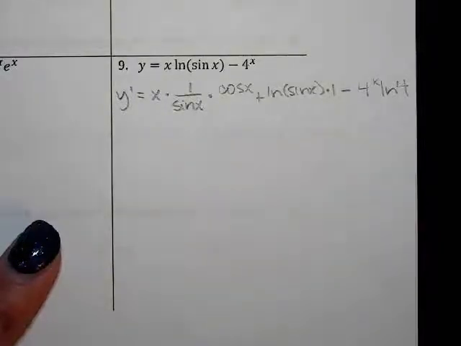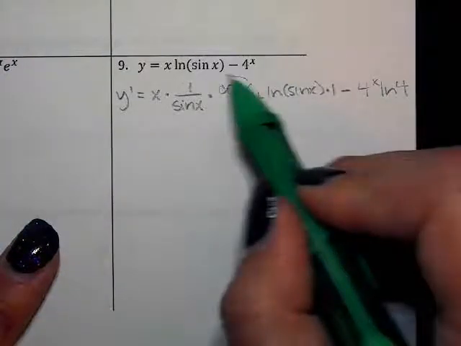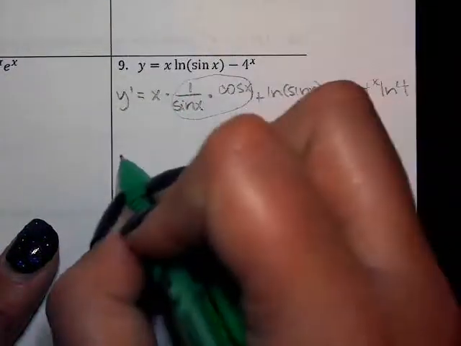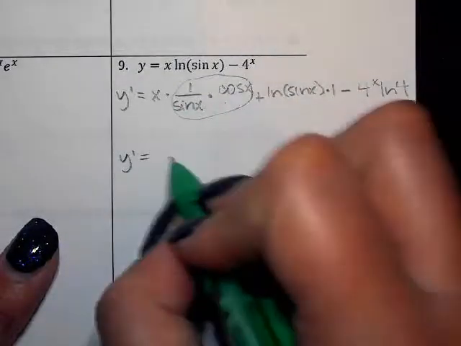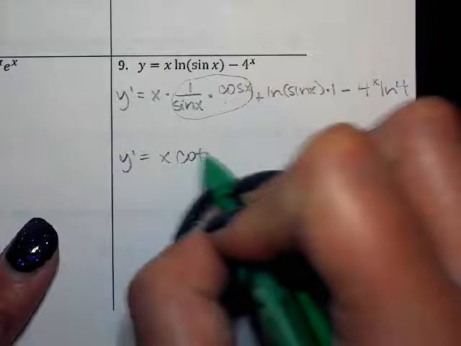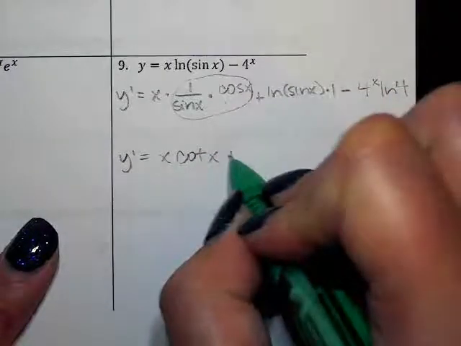And at this point, we need to clean it up just a smidge, just a very little bit. What is this? Cotangent. So we have x cotangent x plus.